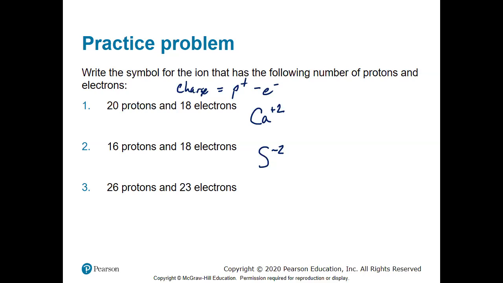Number 3, 26 protons, 23 electrons. I go to the periodic table. Element number 26 is Fe, iron. 26 minus 23 is positive 3. So that would be the charge on that iron ion.